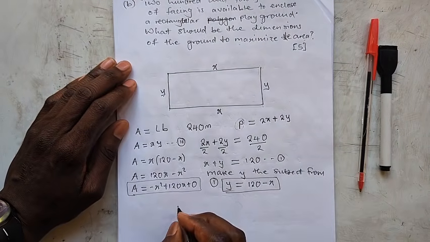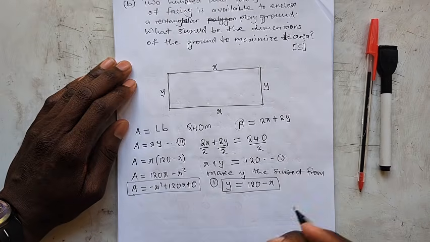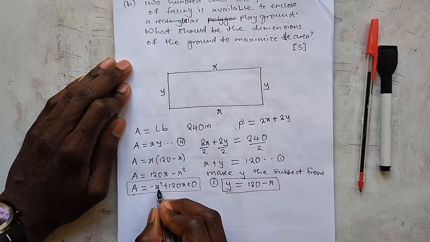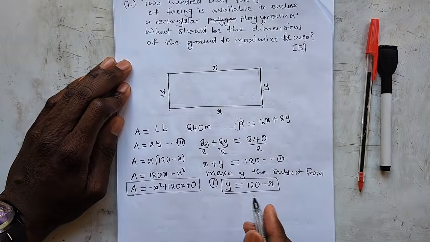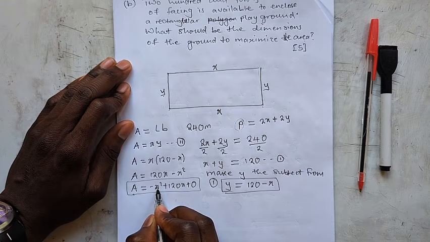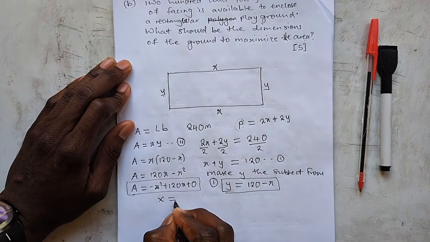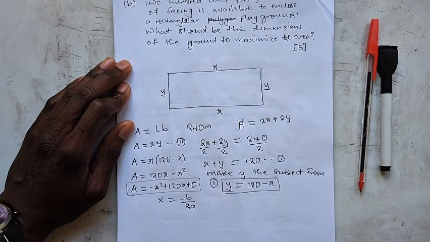So what are we supposed to do? For you to get the variable x, in short, this variable here can be replaced by whatever variable you are given in the question. It could be t for time, it could be k for quarter, or whichever. So for me to get the value of this variable x, I'll say x must always be equal to negative b over 2a.